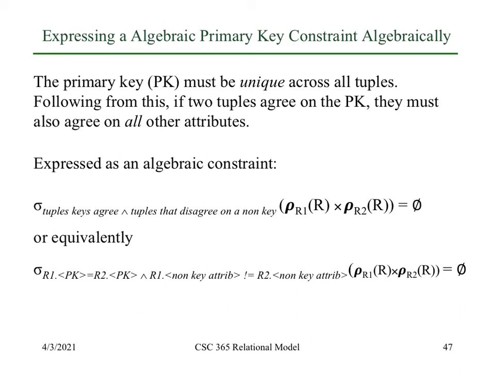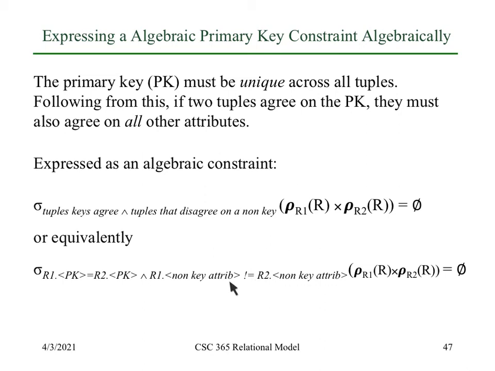So we can express this algebraically. This is just a restatement of what we got up here, a little more carefully done. This says that the primary key in relation R1 is equal to the primary key in relation R2. That's this. And the non-key attribute in relation 1, comparing it with the same non-key attribute in relation 2, if they're not equal to each other, then you've got a problem.